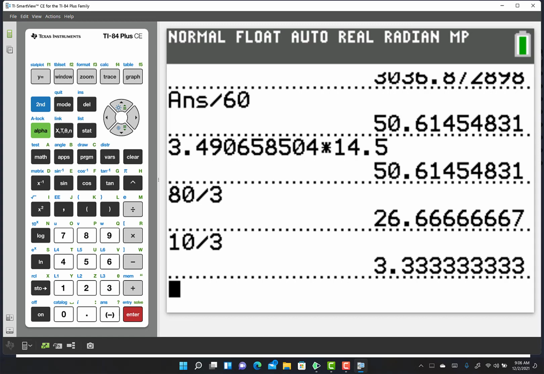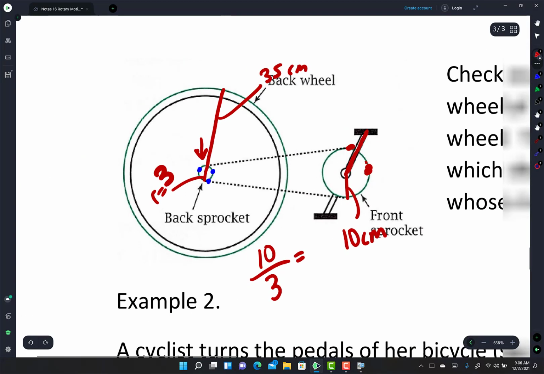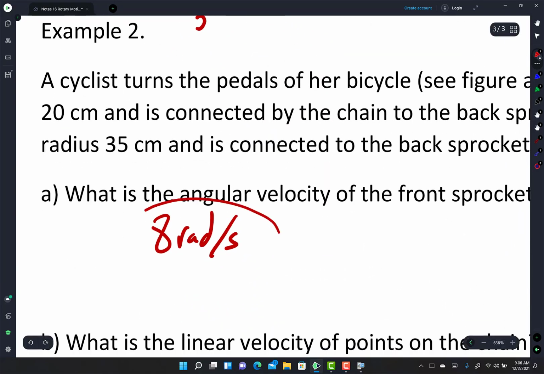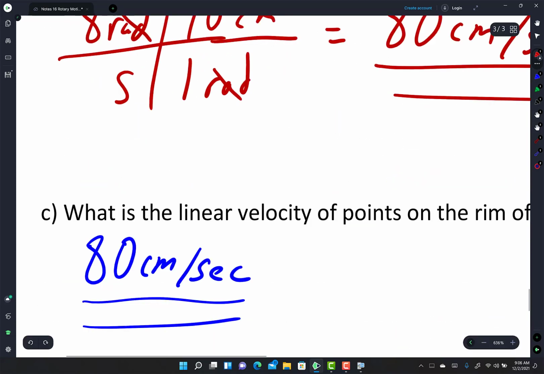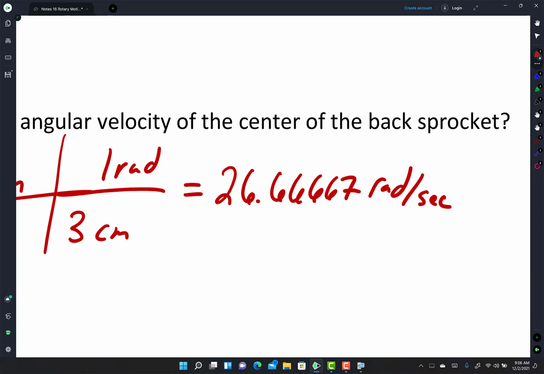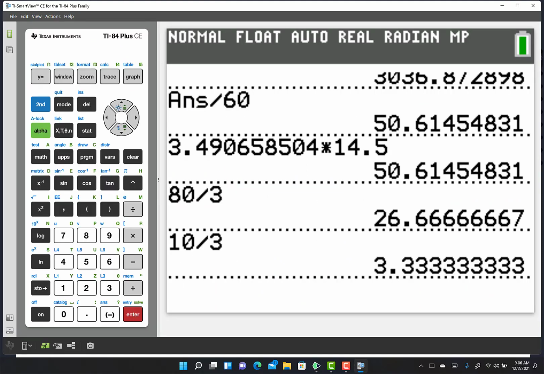So don't I already have a speed in radians per second for the front sprocket? Wasn't it 8? So if I take this number and multiply it by that scale factor, shouldn't I get the same exact thing? No, you just do the 8. Just the 8 radians per second, multiply it by that scale factor, and it's going to be the same.